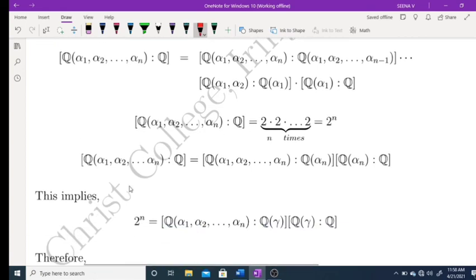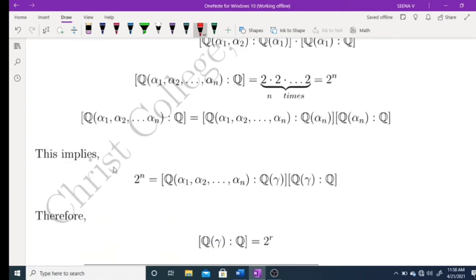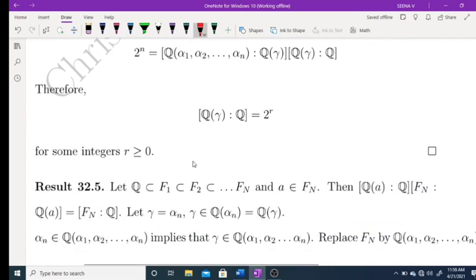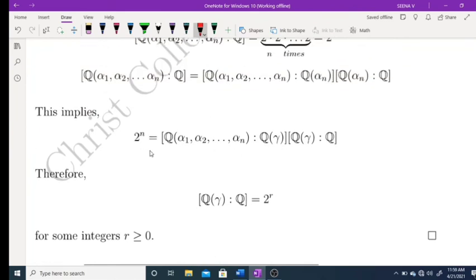Therefore, the degree of Q(alpha 1, ..., alpha n) over Q is equal to the degree of Q(alpha 1, ..., alpha n) over Q(alpha n) times the degree of Q(alpha n) over Q. Now this implies 2 raised to n is equal to the degree of Q(alpha 1, ..., alpha n) over Q(gamma) times the degree of Q(gamma) over Q, where in Q(alpha n) you can replace alpha n by gamma. Therefore, the degree of Q(gamma) over Q must divide this product, which is a power of 2, so each factor must be a power of 2.